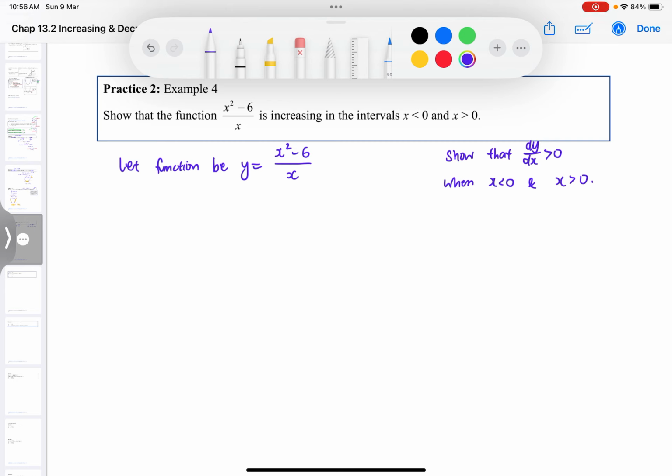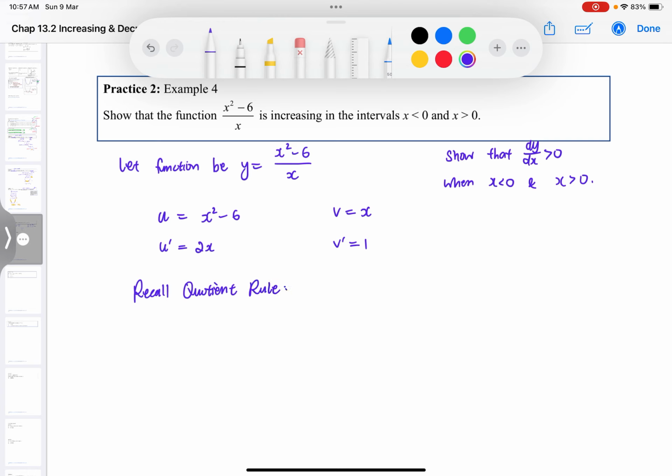We should be using the quotient rule. Using the quotient rule, u is the numerator and v is the denominator, and we differentiate the numerator as well as the denominator. Then recall the quotient rule.